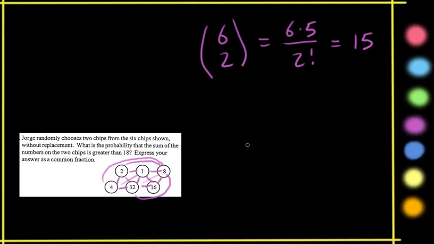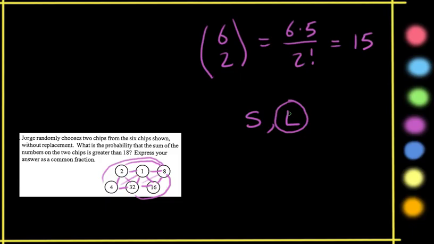So the thing that's useful here is to think about those 2 chips being ordered. So you have the smaller one and then the larger one, and you put them in order. And then you can think about, okay, what are the possibilities for what the larger one is?